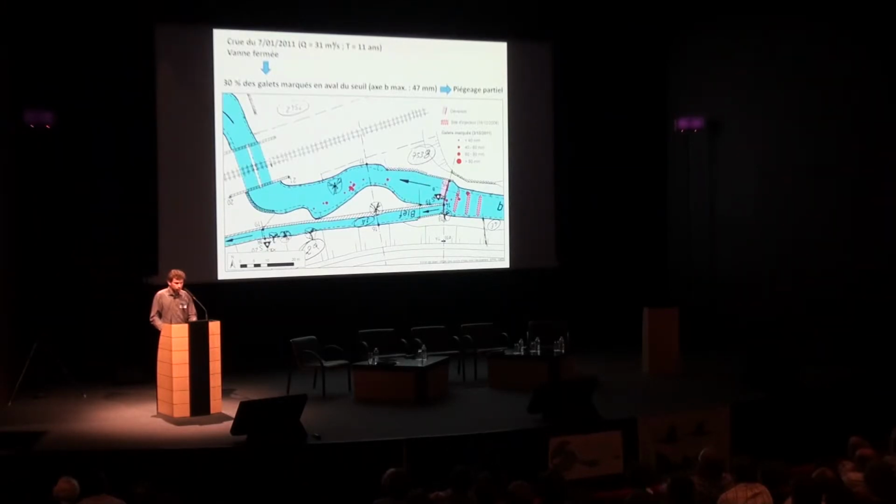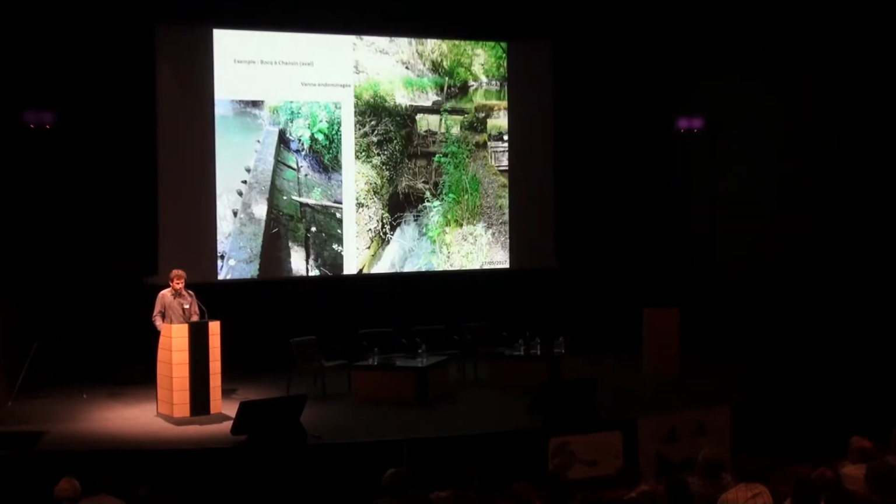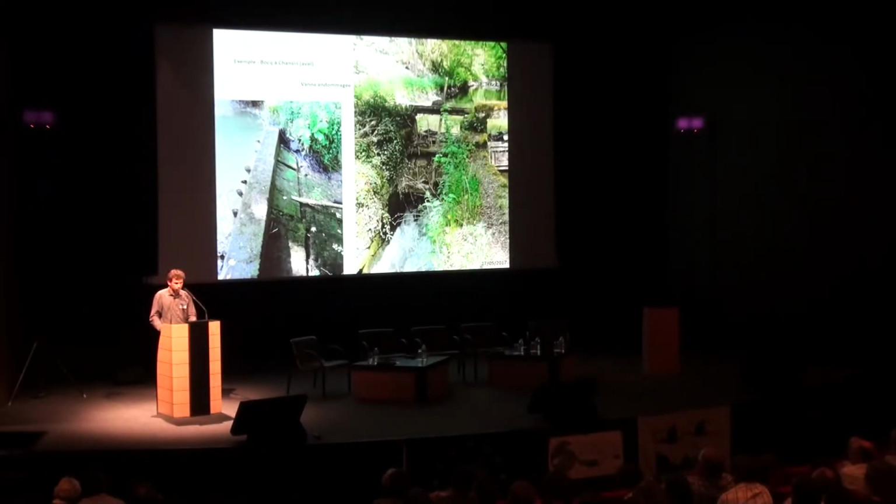We were able to find that 30% of the pebbles had passed through the obstacle. So there was a partial trap. We found that only the coarse elements were left upstream of the spillway channel. The valve had been damaged, so we thought the sediments could have gone through.